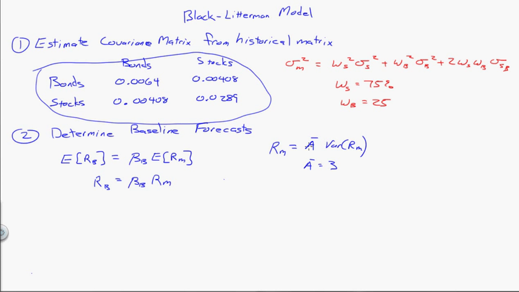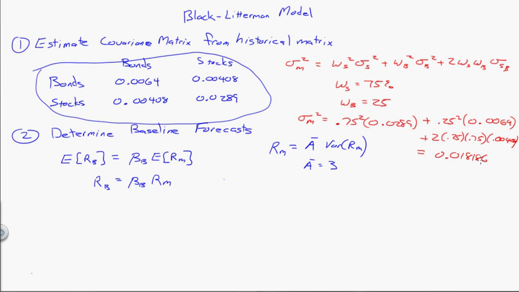So all I have to do to get the return on the market, or to get the variance of the market, is substitute in. So variance of the market is equal to 0.75 squared times, for stocks, 0.0289 plus 0.25 squared times the variance for bonds plus 2 times the weights, 0.25 and 0.75, times the covariance, 0.00408, and that equals 0.018186.